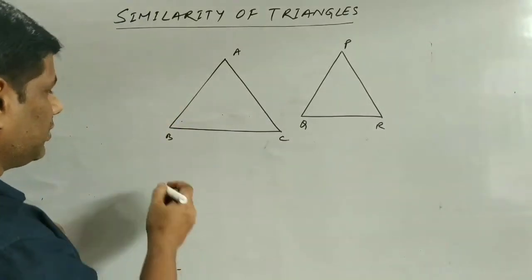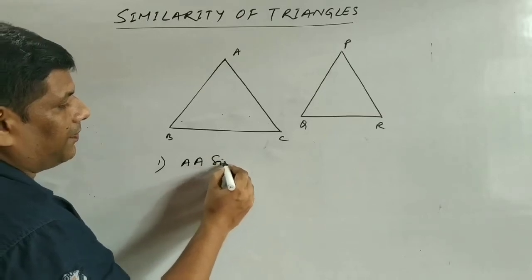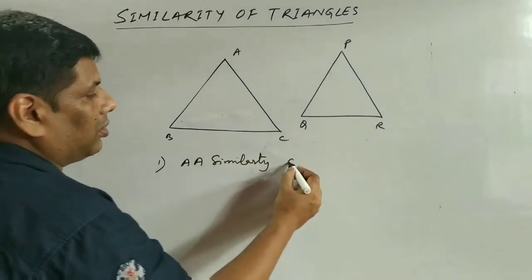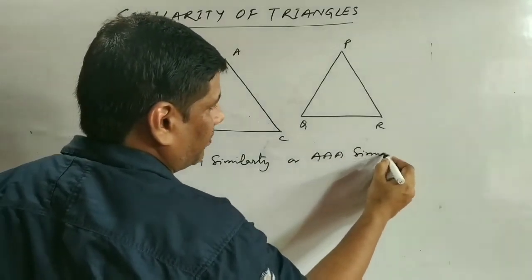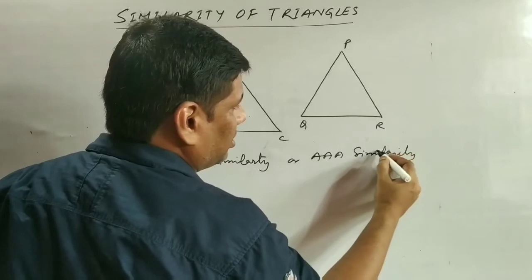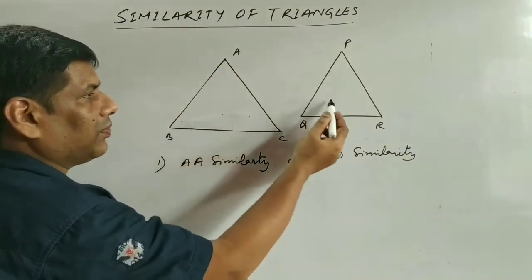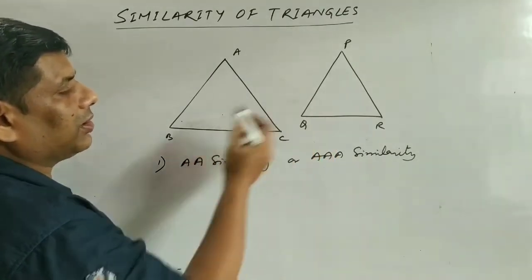What are the properties or criteria when we say that two triangles are similar? The first one is angle similarity. That means if any two angles of this triangle are equal to any two angles of this triangle, then the two triangles are similar.